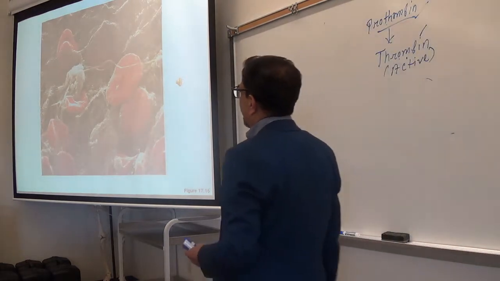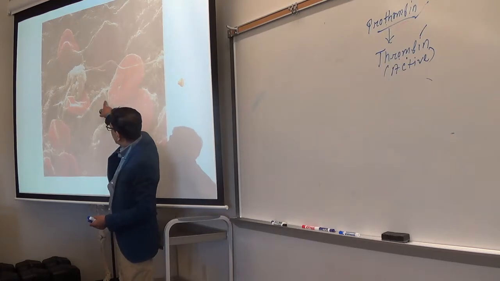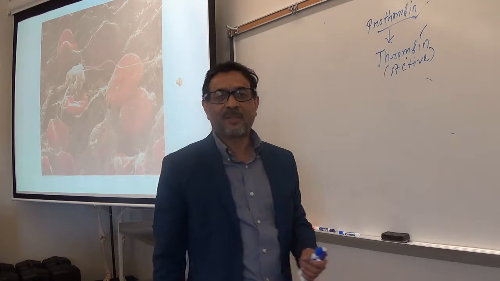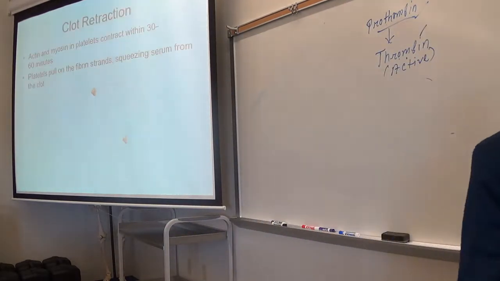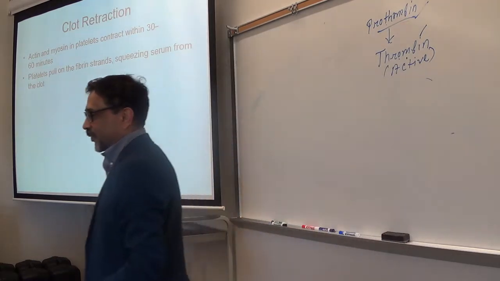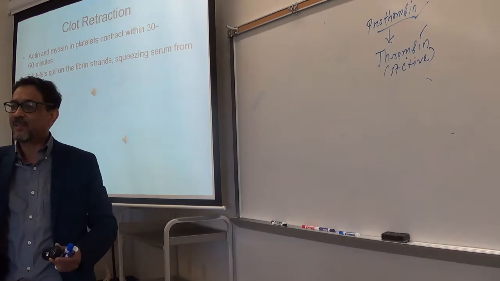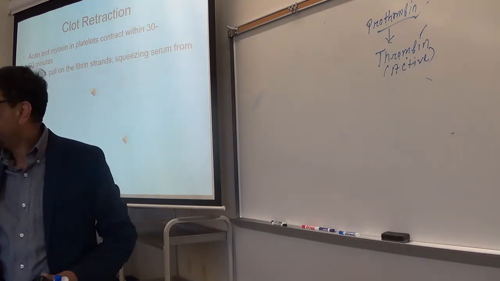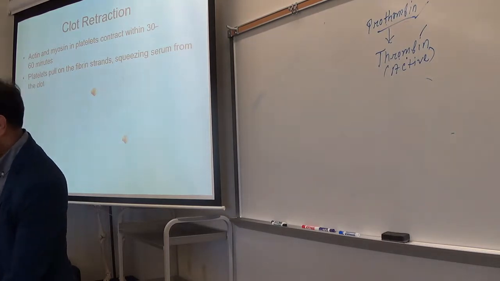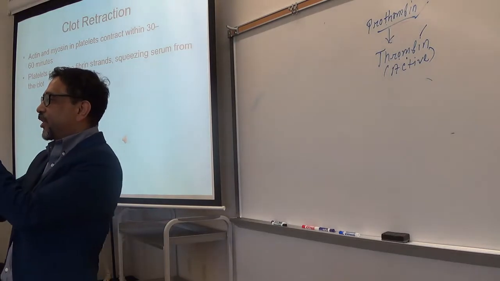So here you see the fibrin mesh. These are fibrin threads. Okay. Some red blood cells are trapped in it. After the clot is formed, the clot is a semi-solid structure. It's like a soft jelly-like structure, the clot, okay? Then what will happen? Retraction.